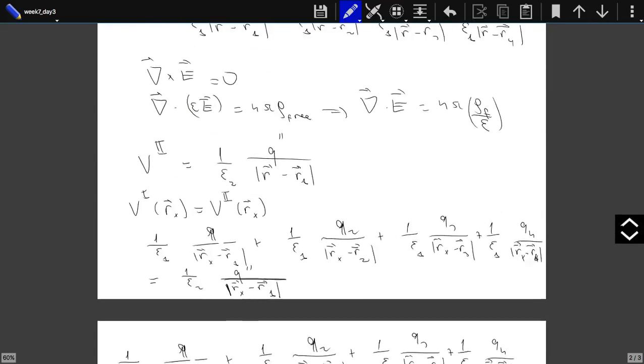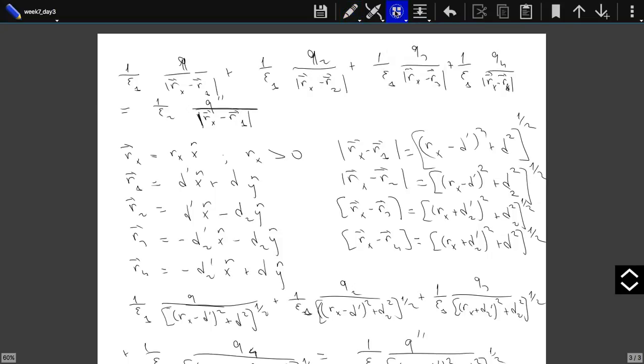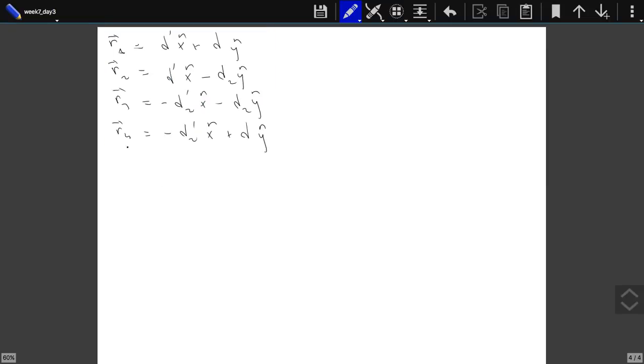Let's look at the continuity of the potential in the vertical side. Let's just choose, this is our y. I will still need these. And ry, this is an arbitrary point on the vertical plane, is its component in the y-hat direction. Now we have to write the potentials and equate the two. Let's first write r1 minus ry.